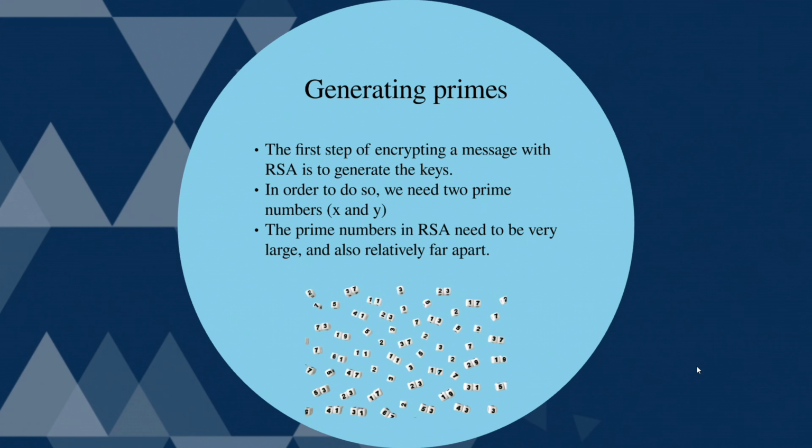The first step of encrypting a message with RSA is to generate the keys. To do this, we need two prime numbers, suppose x and y, which are selected with the primality test. The prime numbers need to be very large and also relatively far apart so that they are not easy to crack. We will use small numbers in examples only for the sake of simplicity.